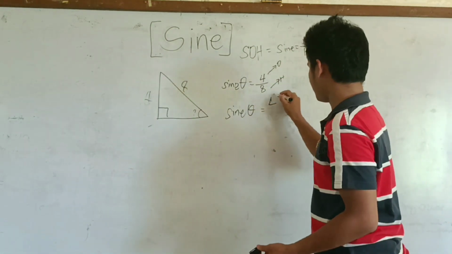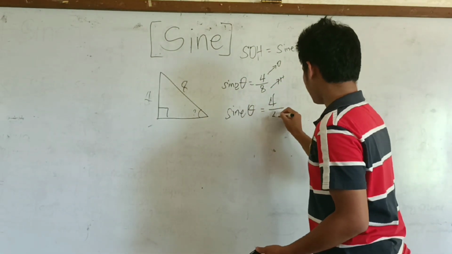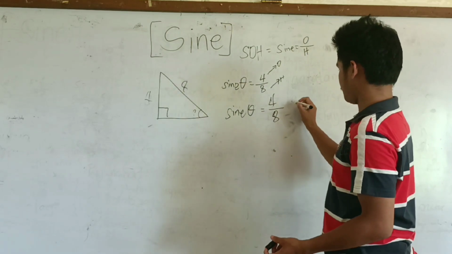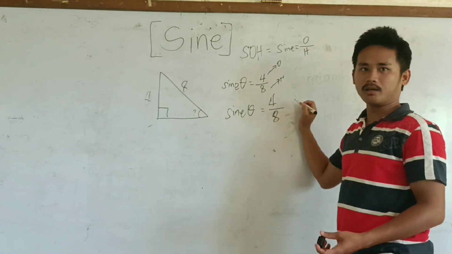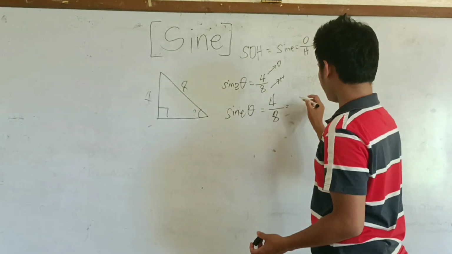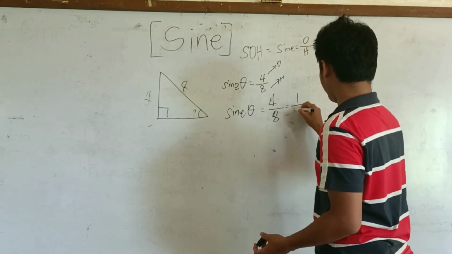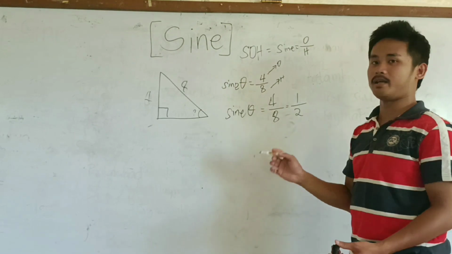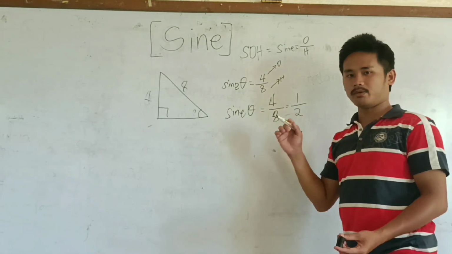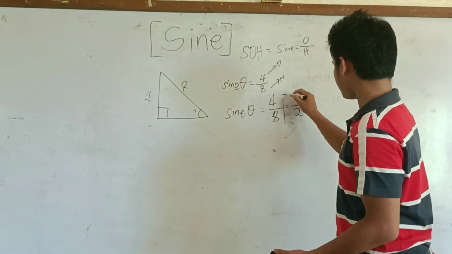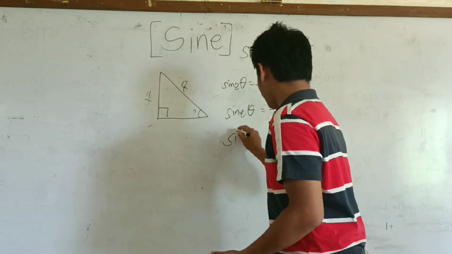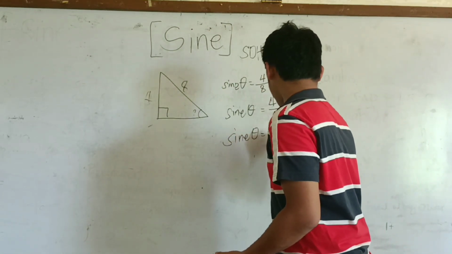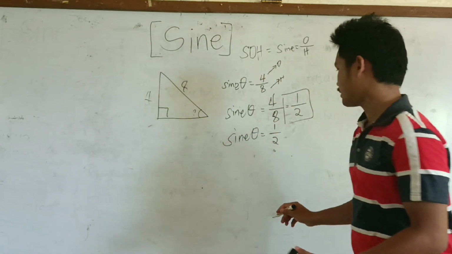We have 4 over 8, which is divisible by 4. Now we have 1 over 2, right? Because 4 divided by 4 is equal to 1, and 8 divided by 4 is equal to 2. Now we have sine theta is equal to 1/2.